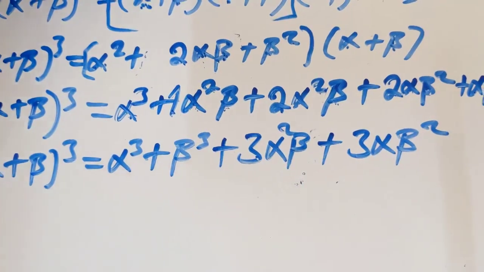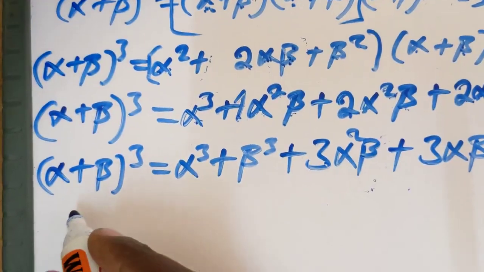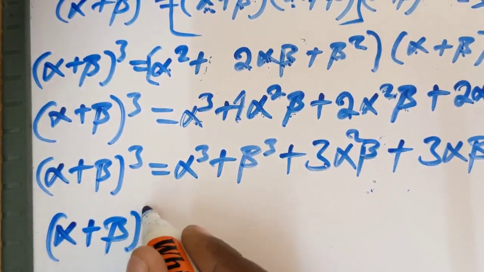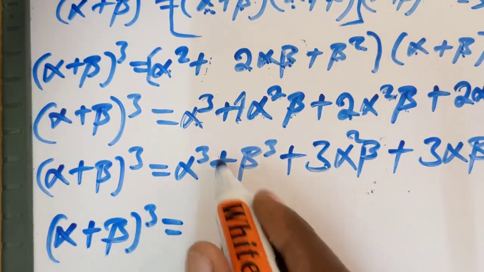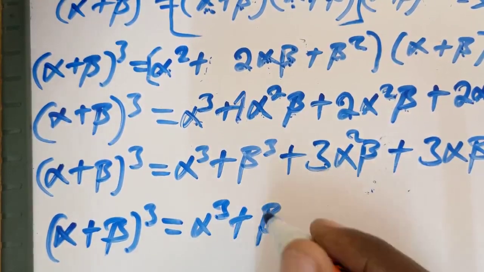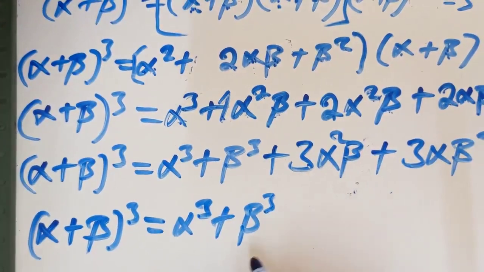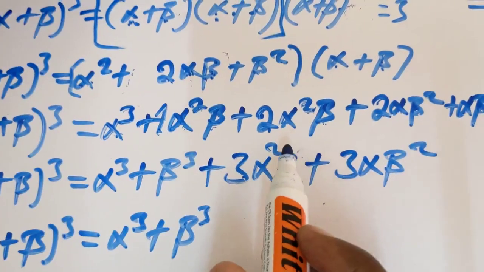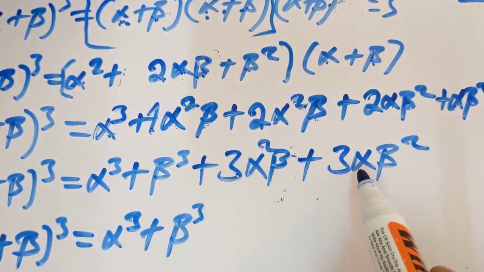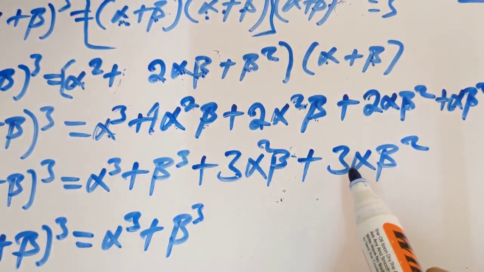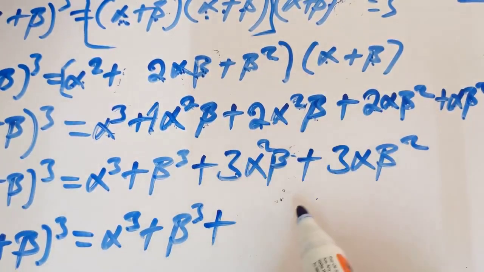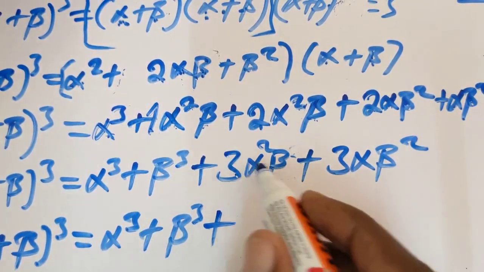So you copy this. Alpha plus beta to the power 3 is equal to alpha to the power 3 plus beta to the power 3. Now, right here, if you look at these ones, they just have something in common. What is in common? So you need to factorize this. What is common here?